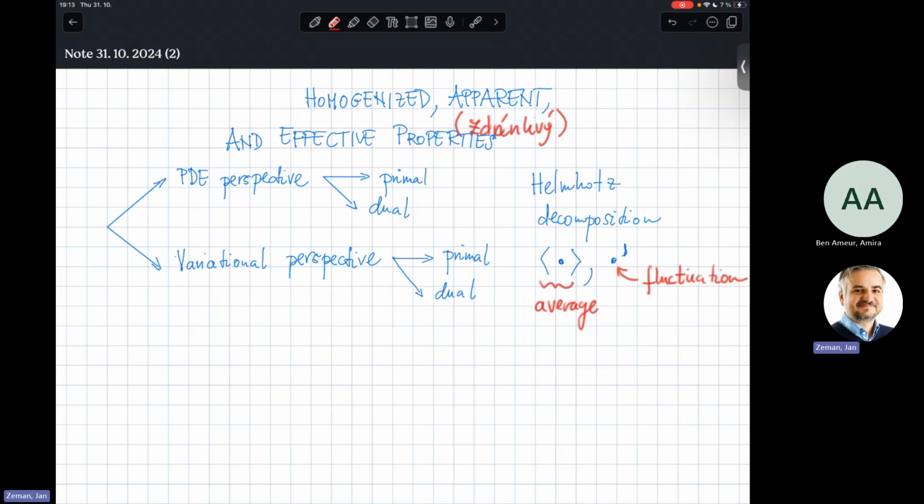Okay, so this is what we have at our disposal. So what I would like to do in this lecture is to try now to unify everything, to put all this knowledge together and actually go reverse in time in a certain sense and justify why I spent so much time on this. Right? So what I will do is that now I will try to explain what I mean by these homogenized properties, what I mean by apparent and effective and things like that.